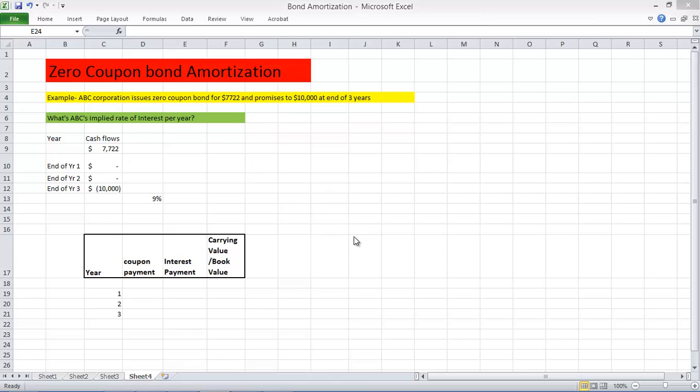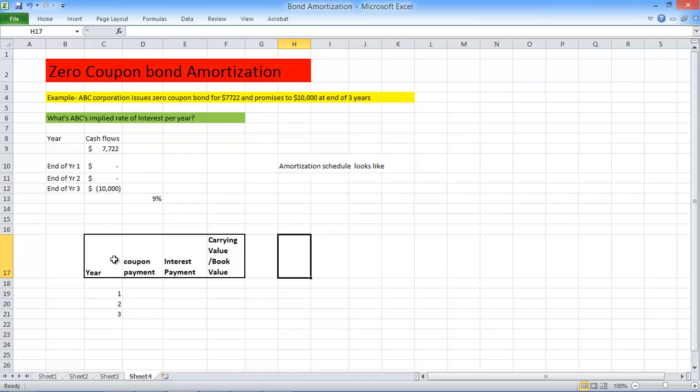So let's look at their amortization schedule, which is called an amortization schedule. So this is the amortization schedule, okay?